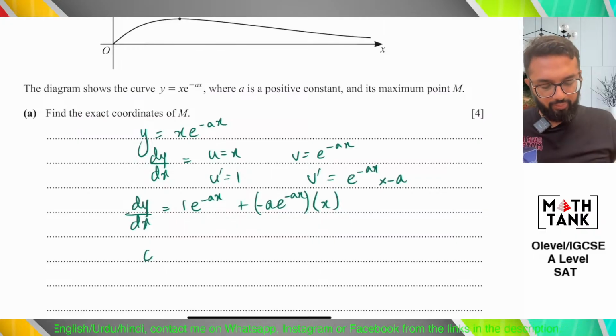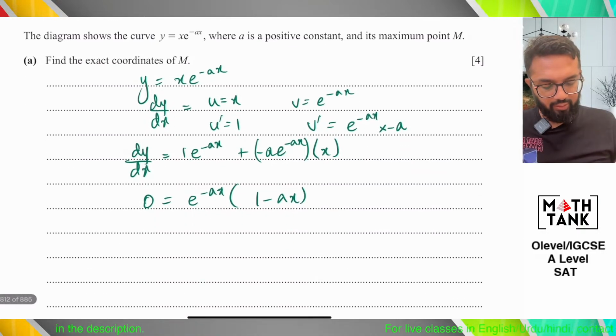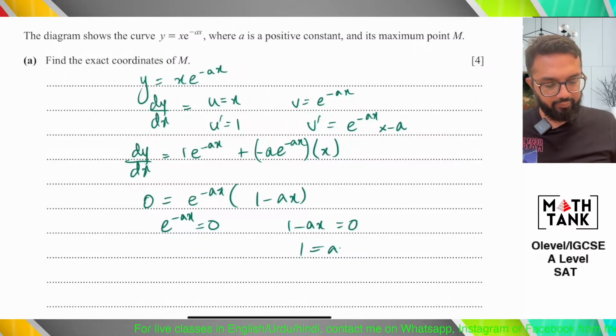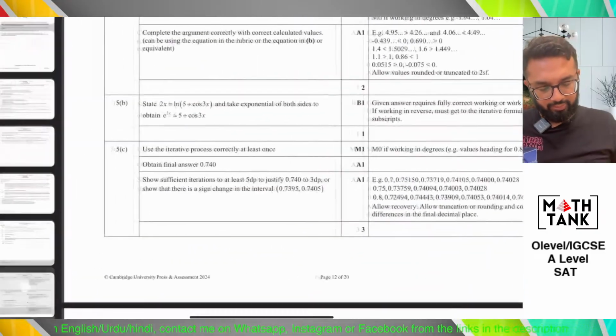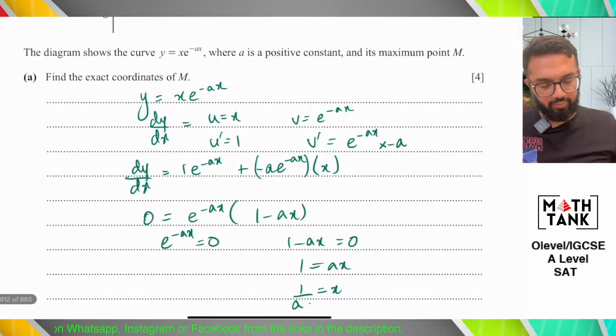equals 0. e power minus ax is common, so 1 minus ax. So either this equals 0 or that equals 0. Okay, I hope that's correct. That's correct. Exact coordinates.